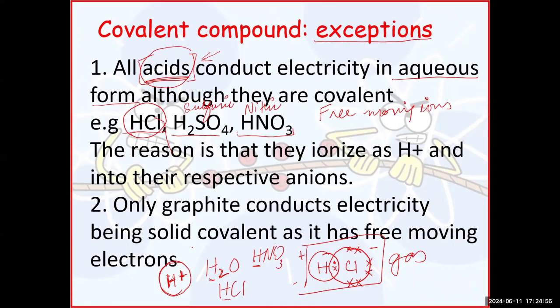So for now, you just need to remember this statement that although all small covalent molecules are non-conductors, if they belong to the class of acids and they are dissolved in water, they will start conducting electricity. Is that fine now?